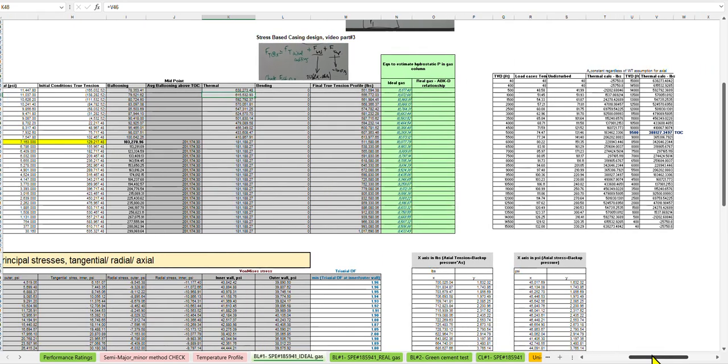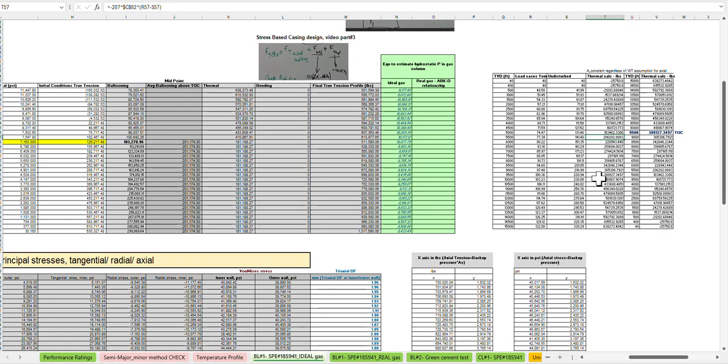The thermal stresses, as we said, are calculated over here. If you are heating it up, it results in a compression because of that minus sign, and otherwise, if you are cooling, it will give you tension.